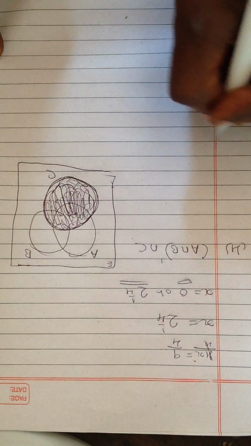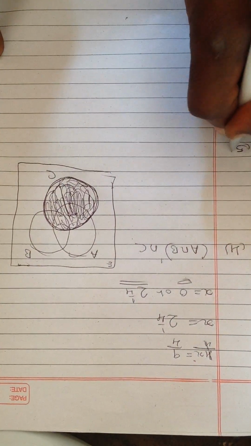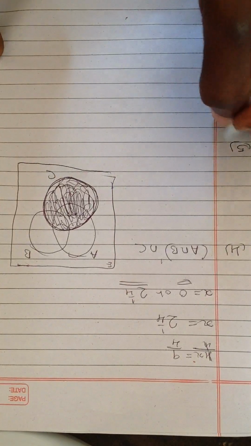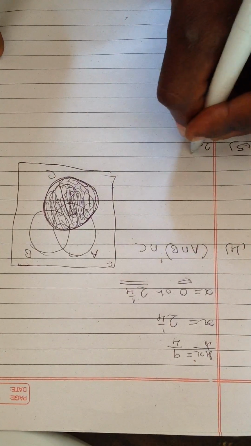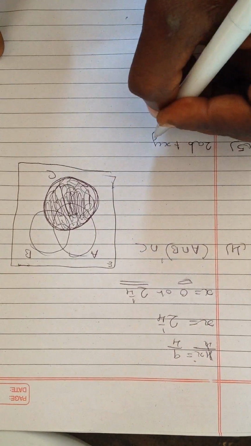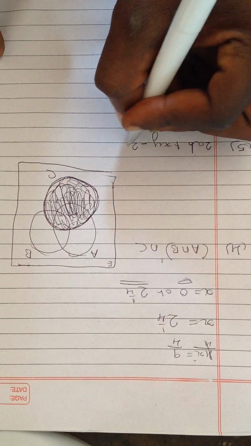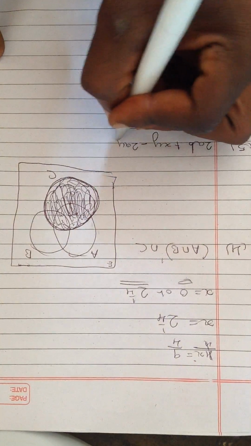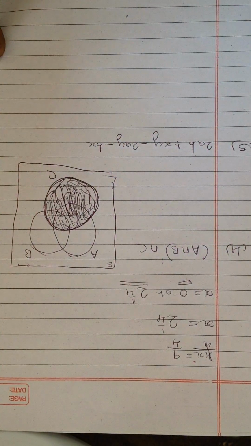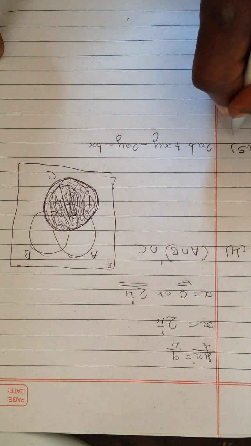Question 5. The question reads: factorize completely 2ab plus xy minus 2ay minus bx. So how do you factorize completely?